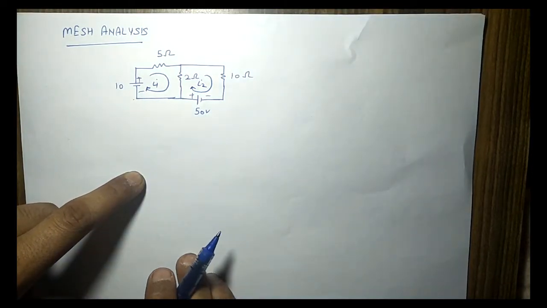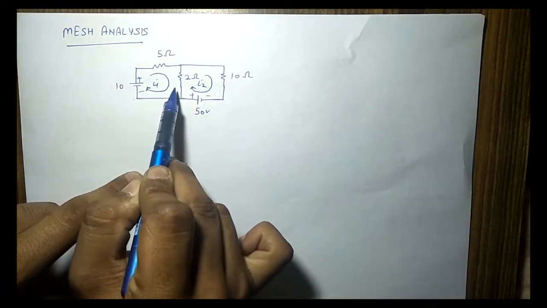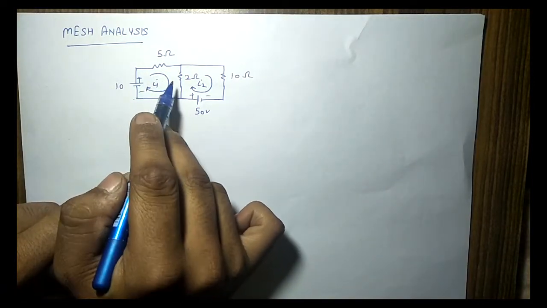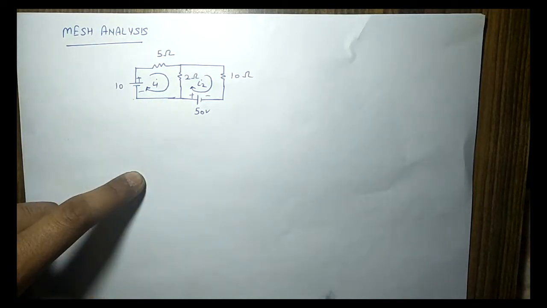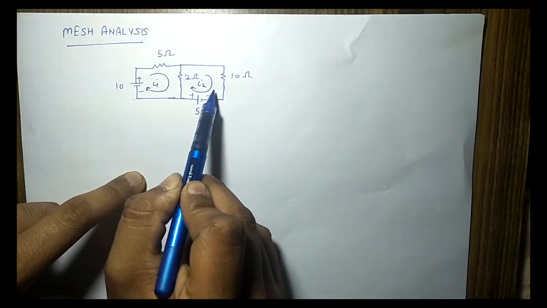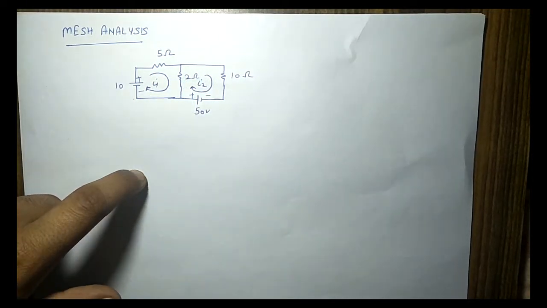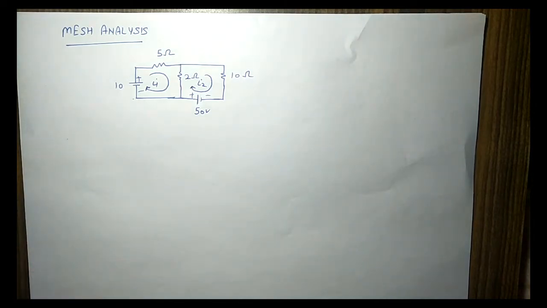I am assuming the direction of current like this, that I1 is flowing in this loop. I am not considering the I2 current, and I am taking I2 current in this loop in the given direction. I will not consider the I1 loop, and at last we will combine both equations to solve for the values of I1 and I2.